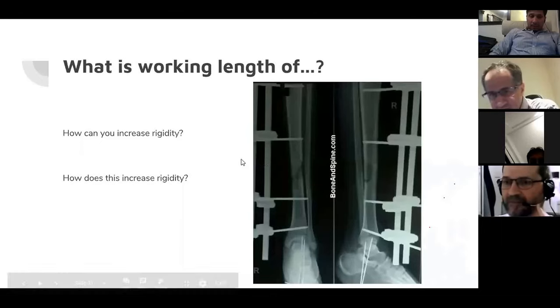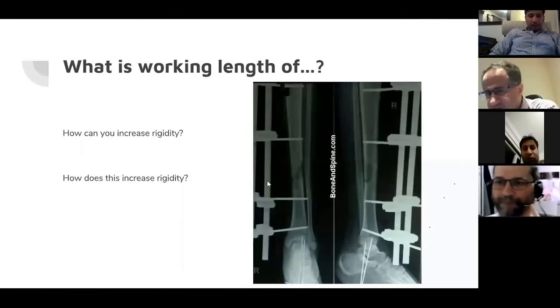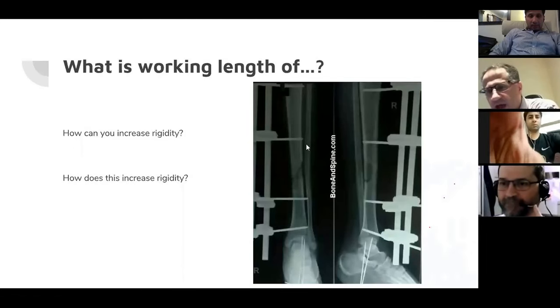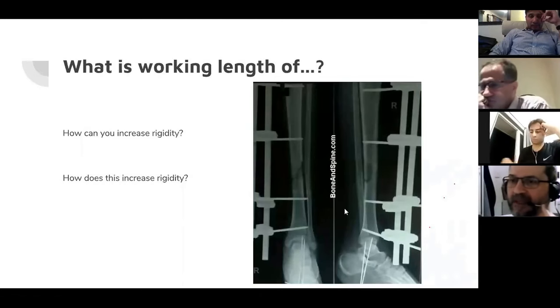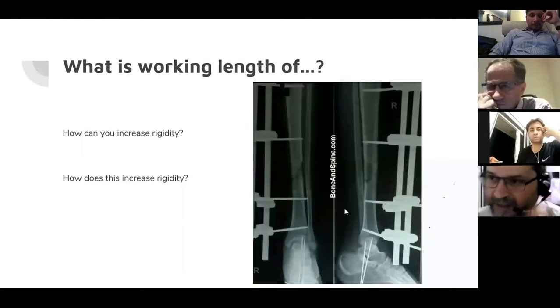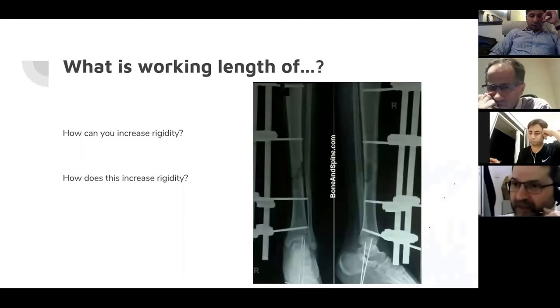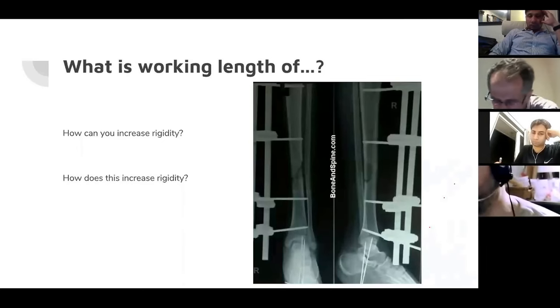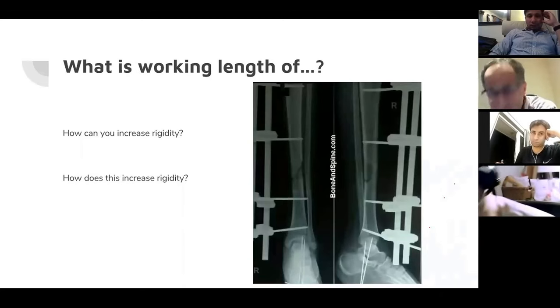Increasing the distance between your two bars, decreasing the distance from the nearest bar to the skin. We talked about multiplanar. Any other things you can do? Yes, I could increase the thickness of the screws or the pins, and that would act to the power of 4, because it's a cylinder shape.